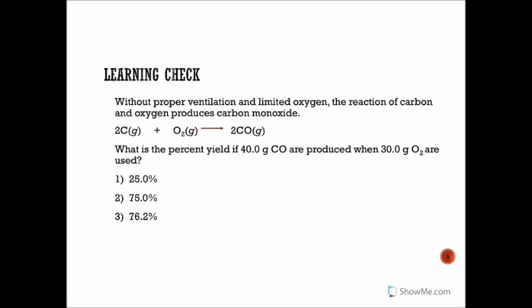So how do we do this with stoichiometry? Without proper ventilation and limited oxygen, the reaction of carbon and oxygen produces carbon monoxide. What is the percent yield if 40 grams of carbon monoxide are produced when 30 grams of oxygen are used? Well, 40 grams of carbon monoxide are actually produced.